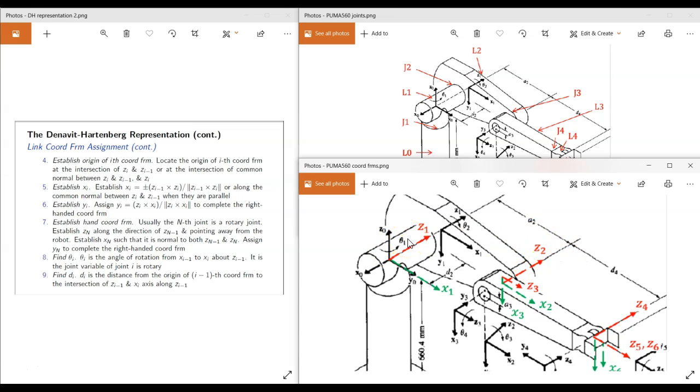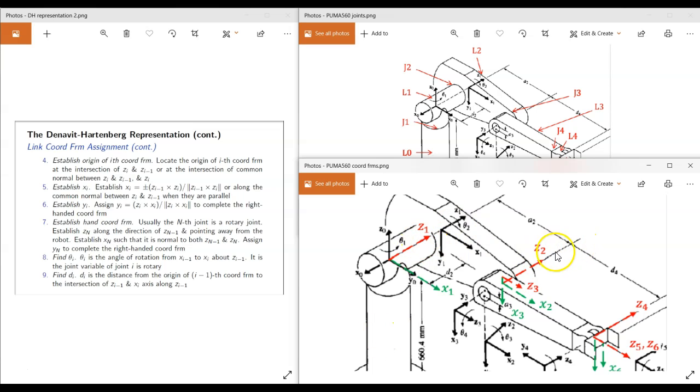So common normal is a line that is perpendicular to both Z1 and Z2. If we just focus on Z1 and Z2, we have infinitely many lines that are normal, or 90 degrees perpendicular, to both Z1 and Z2. Okay, so we choose one and find the intersection between that common normal with Z2.